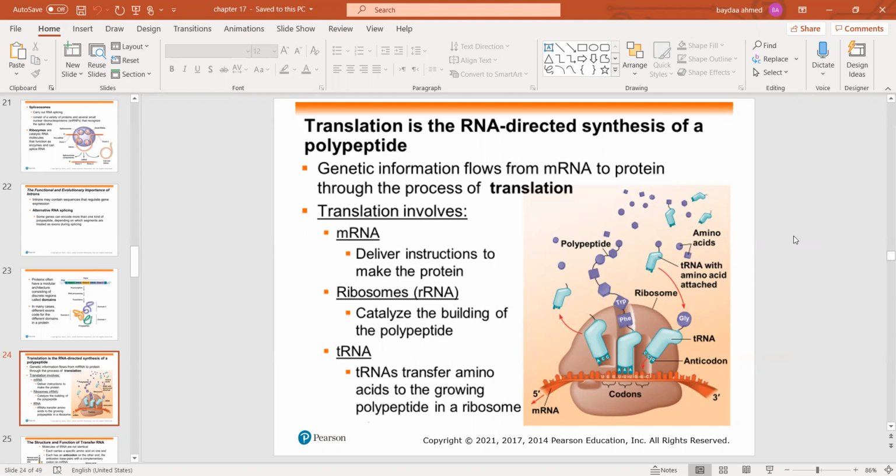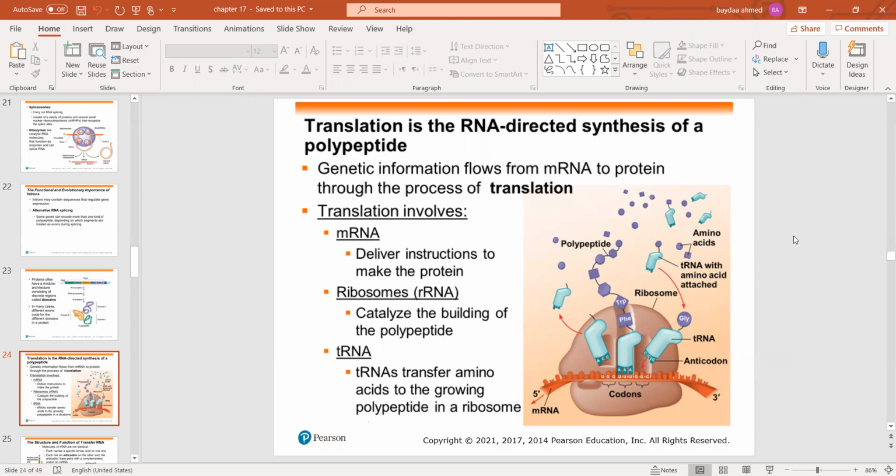The function of tRNA is to transfer an amino acid from the cytoplasmic pool of amino acids to a growing polypeptide in a ribosome. A cell keeps its cytoplasm stocked with all 20 amino acids, either by synthesizing them from other compounds or by taking them up from the surrounding solution.